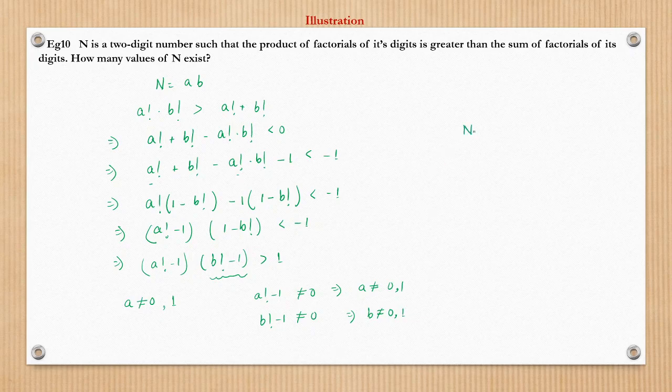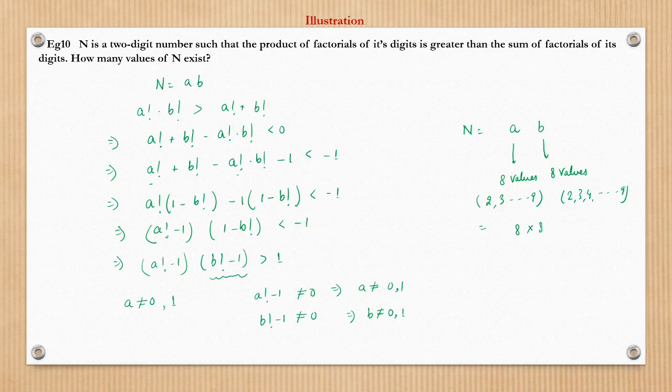So now the number is equal to ab. a can take 8 values, from 2, 3 till 9. Similarly, b can take 8 values, 2, 3, 4, up to 9.